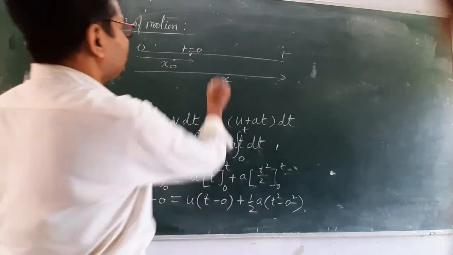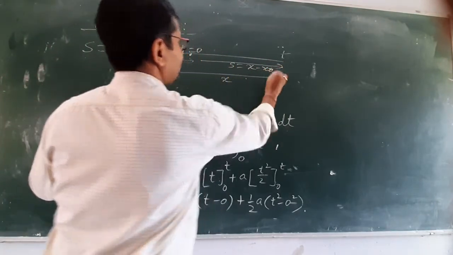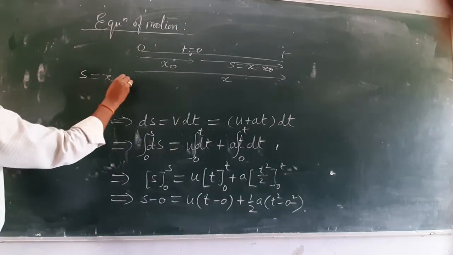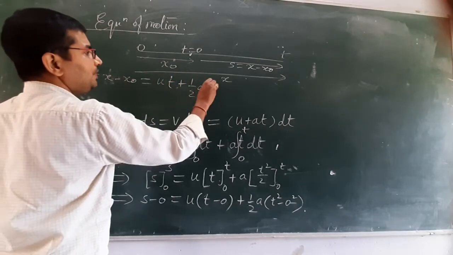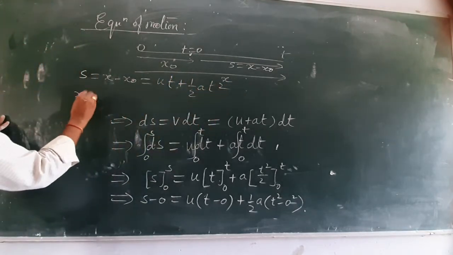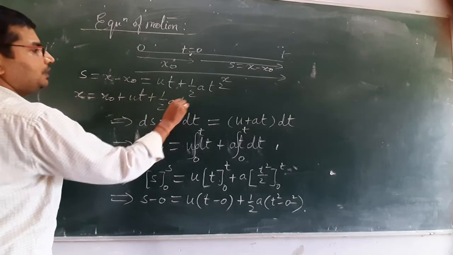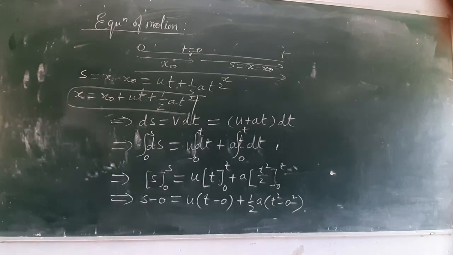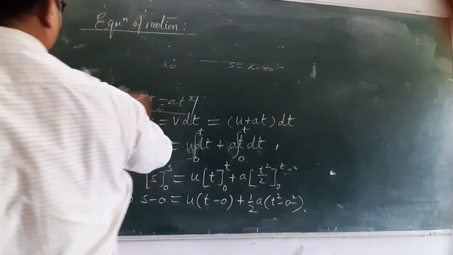Then the displacement will be s is equal to x minus x naught. In this case, x minus x naught is equal to ut plus half at square, means x is equal to x naught plus ut plus half at square. This is the second equation in case the particle does not start from the origin.